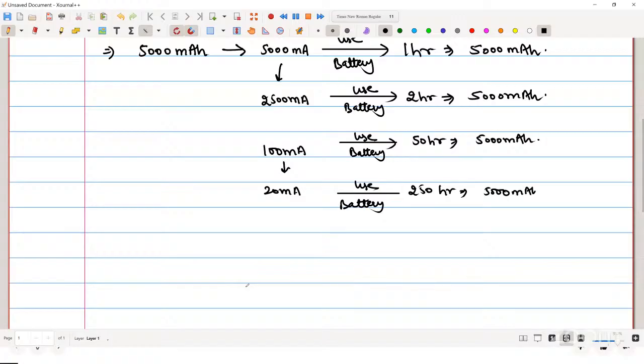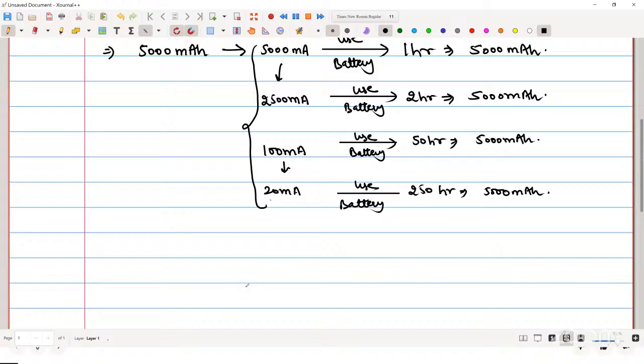On the basis of our consumption, the duration will increase if consumption is very less. So the multiplication remains constant. That's why the current is defined in the unit of milliampere hour.